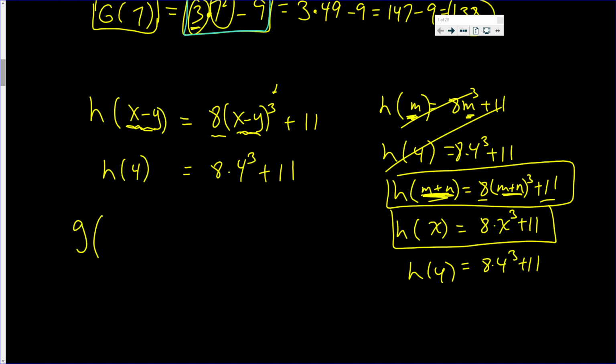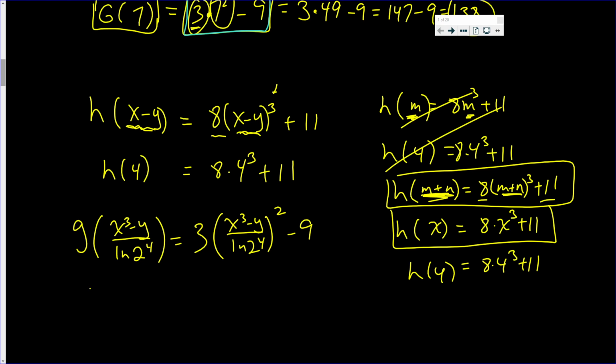If I were to tell you that g of this mess is equal to, say, 3 times this mess squared minus 9, and I ask you what g of 2 is, it shouldn't be hard. Don't panic.